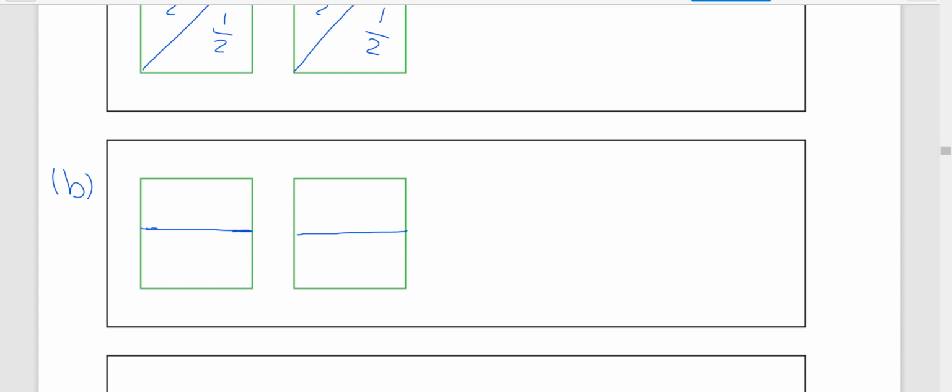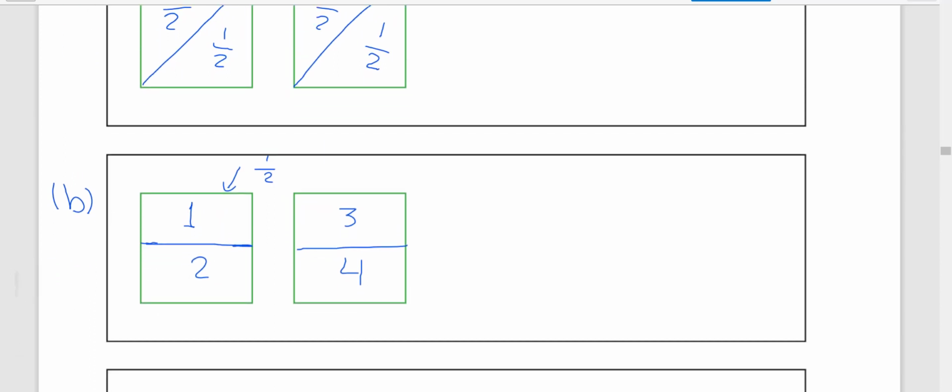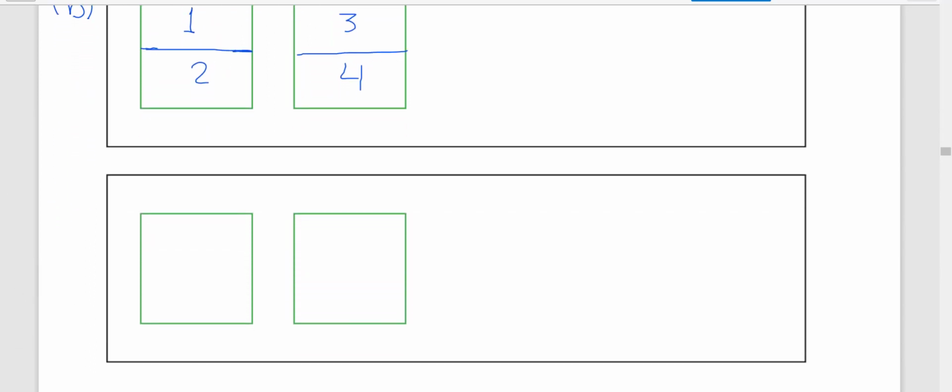This part is half, and this is the first child, second child, third child, and fourth child. When we divided the two square cakes among four children, we can divide them another way.